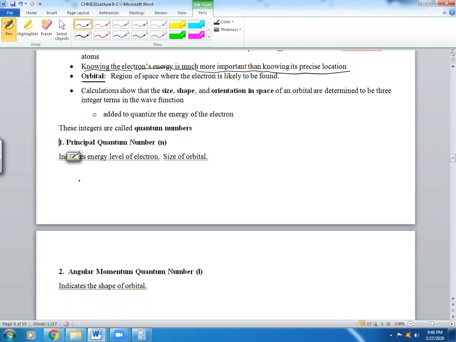And n can be a positive integer. So n can be 1, 2, 3, 4, 5, 6, all the way to infinity.